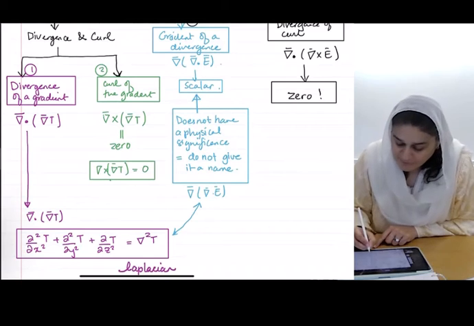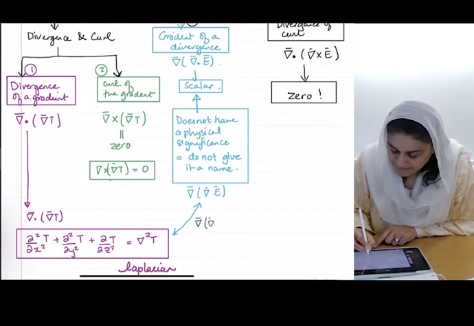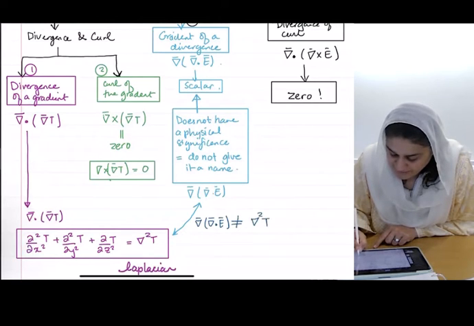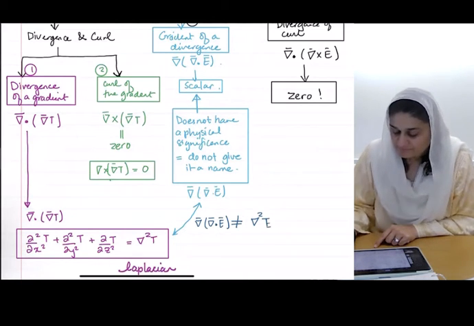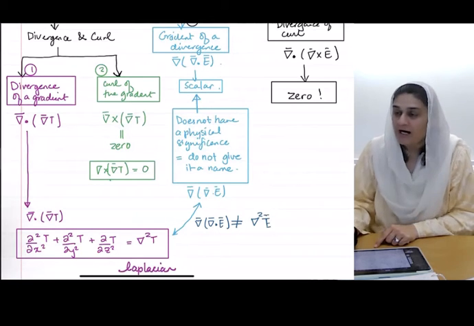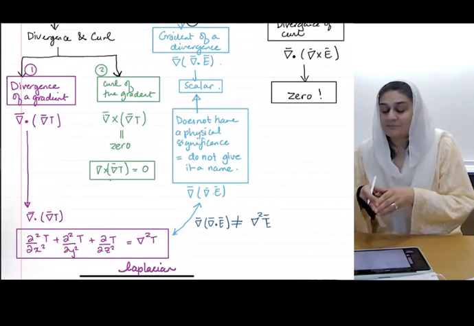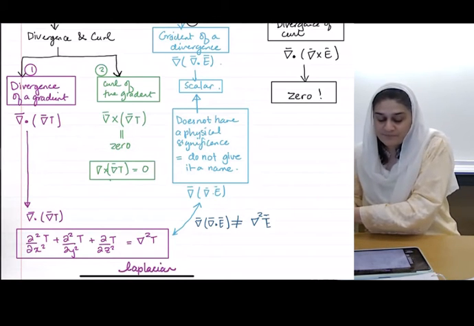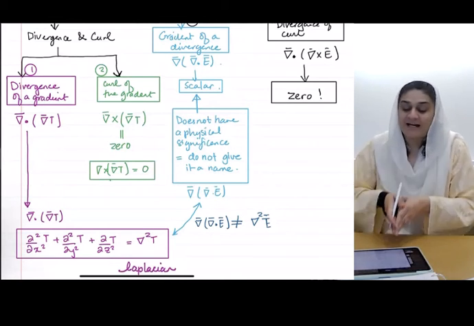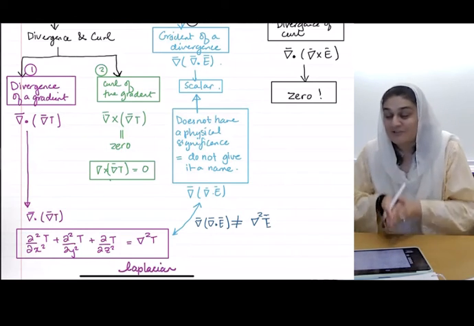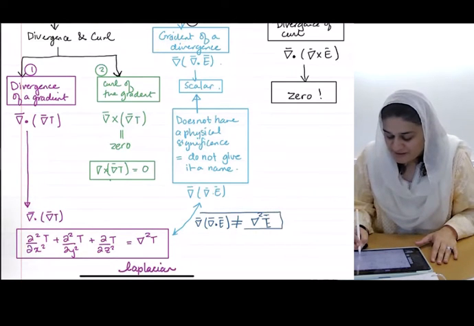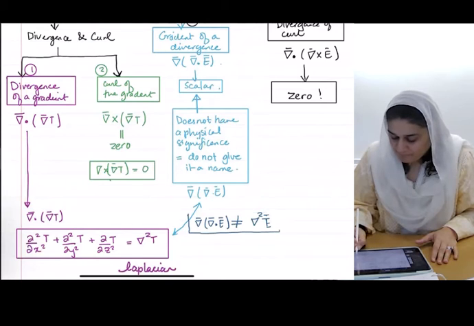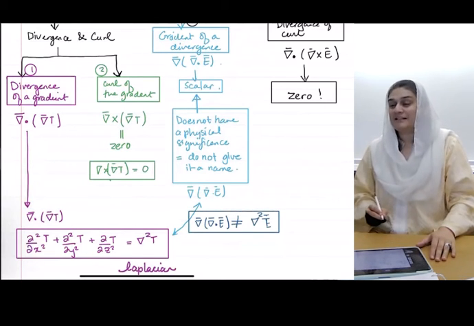So you cannot write it the same as del squared T or del squared E. You cannot operate a Laplacian and make it a gradient of a divergence. Divergence of a gradient and gradient of a divergence are two different things, and they are not equal to each other. Please, please, please make sure you remember that. These two are not equal.